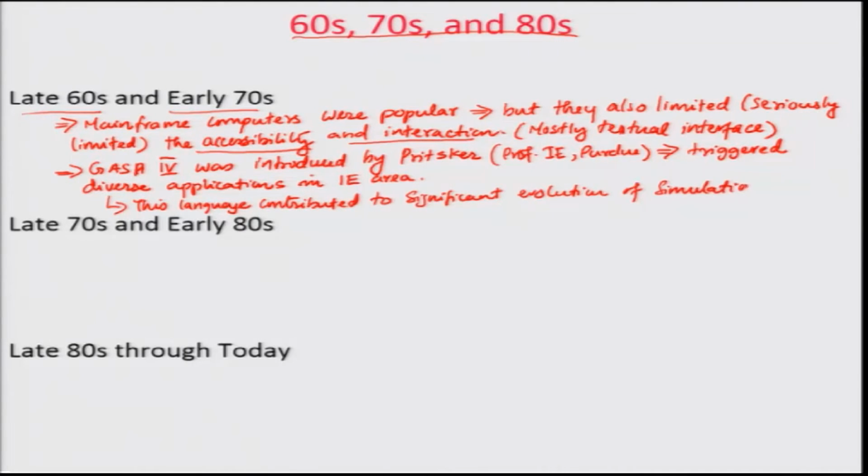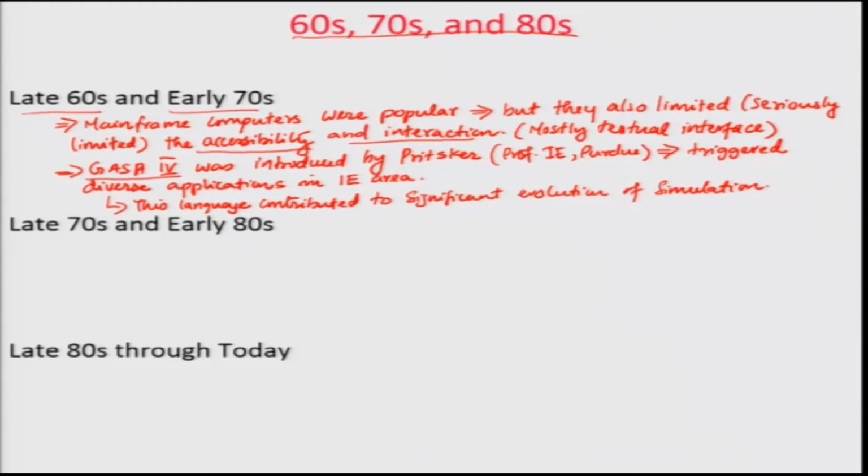The simulation that we use today, the next event stochastic simulation, which is used to simulate the most complicated systems like production systems, military systems, communication systems, transportation systems, all those things, has as its forerunner GASP 4, which was introduced by Pritsker in the late 60s and early 70s.